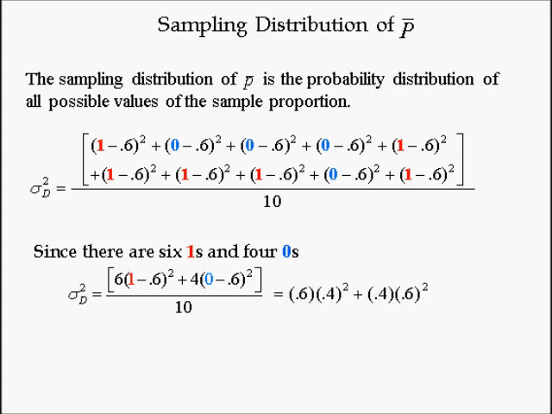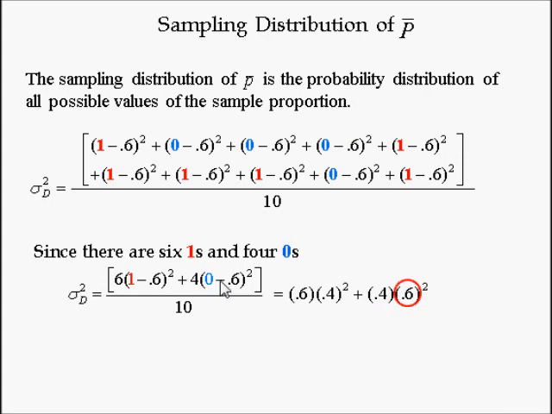This equals 0.6 times 0.4 squared plus 0.4 times 0.6 squared. This 0.6 comes from dividing 6 by 10. This 0.4 comes from subtracting 0.6 from 1. This 0.4 comes from dividing 4 by 10. This 0.6 comes from subtracting 0.6 from 0.